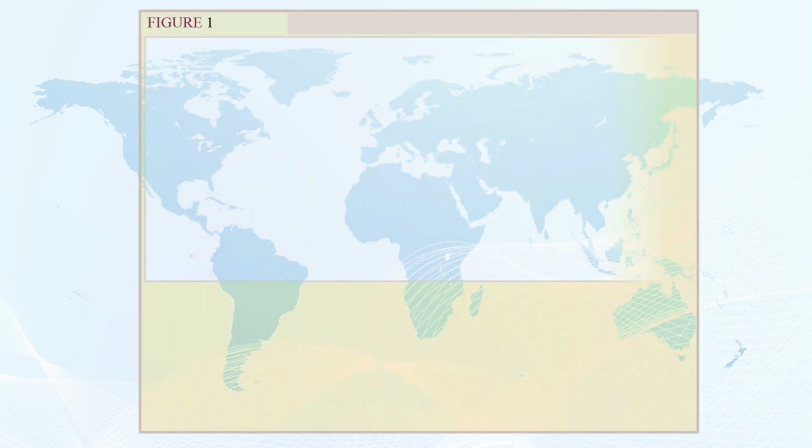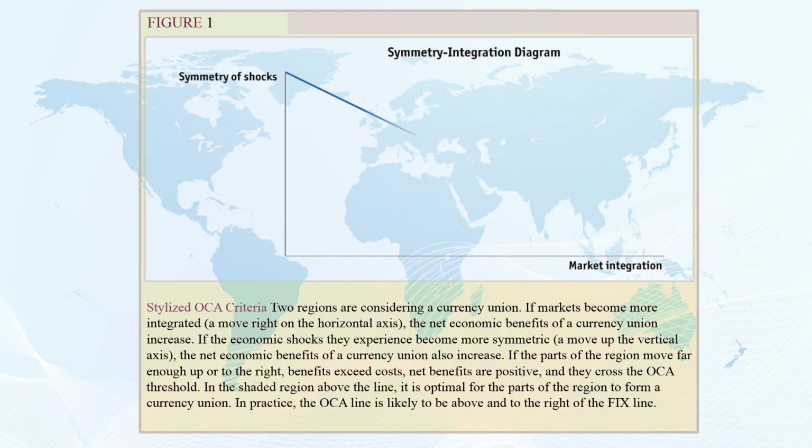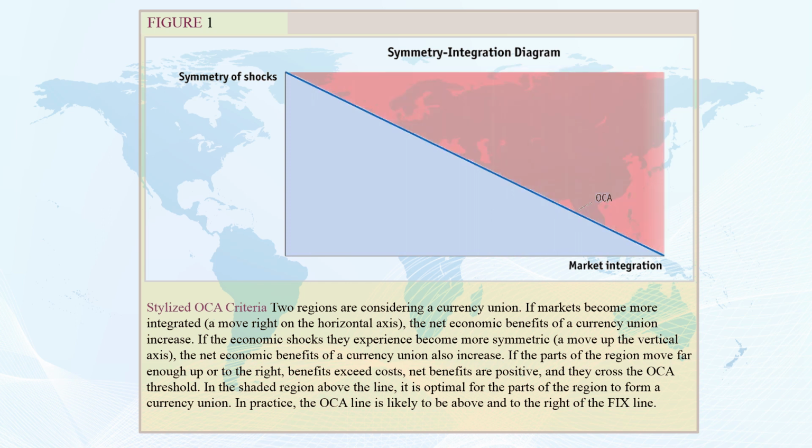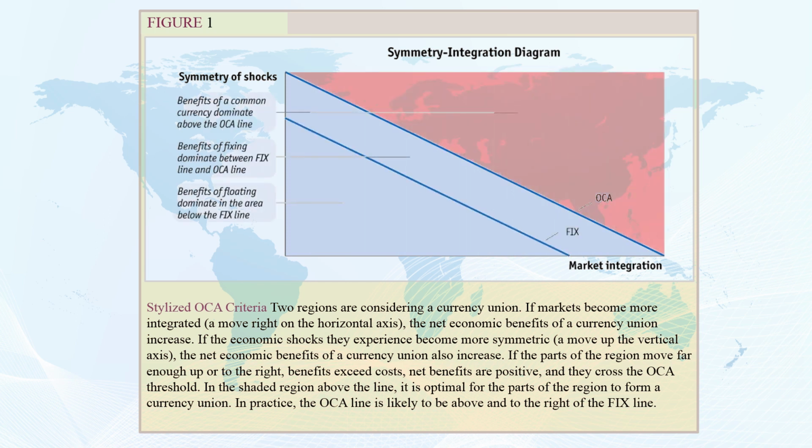Figure 1 illustrates the OCA theory graphically, using the same symmetric integration diagram used in Chapter 9 on fixed and floating exchange rates. The horizontal axis measures market integration for the home-foreign pair. The vertical axis measures the symmetry of the shocks experienced by the home-foreign pair.